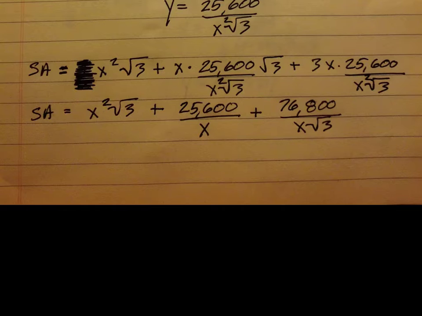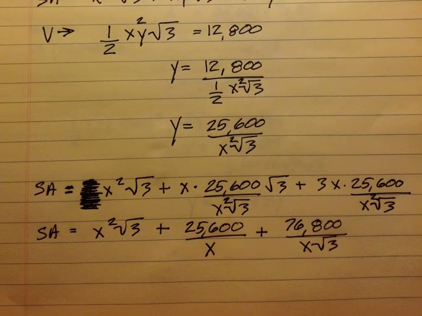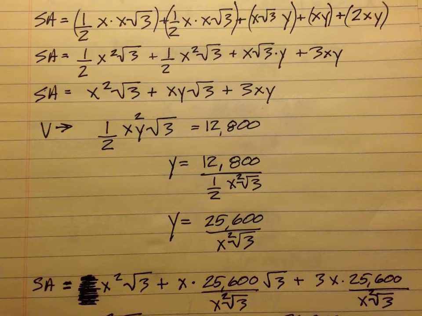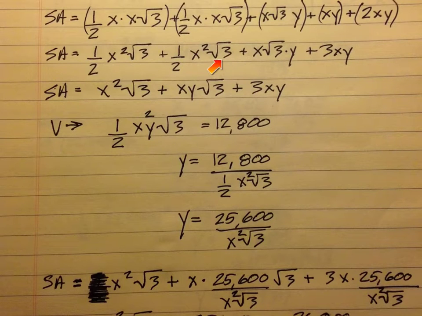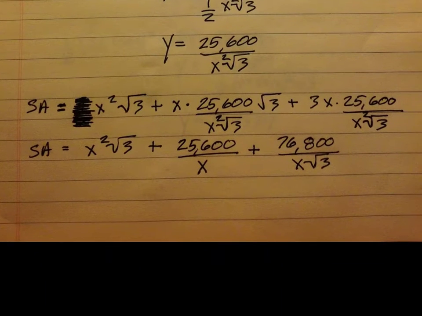Alright, so plugging it in for y. We have 25,600 over x squared square root of 3. It's going in for y, and don't forget what the formula was. Here is the formula, so it's going to go in this spot here and here, just those two places. And this is what it looks like when you plug it in.